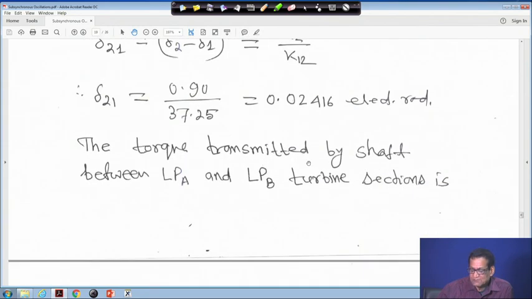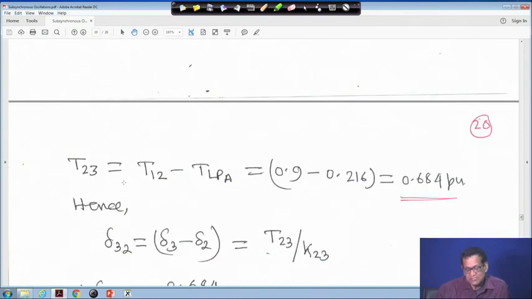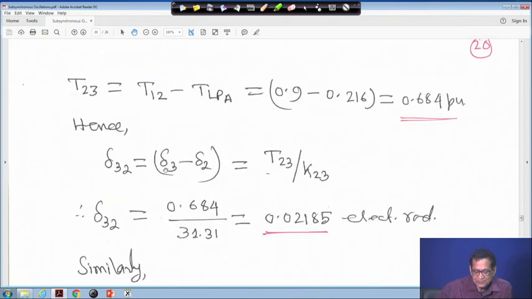The torque transmitted by the shaft between the LPA and LPB turbine sections will be similarly T23 equal to T12 minus TLPA, that is 0.9 minus 0.216, which is 0.684 per unit. Hence delta 32, which is delta 3 minus delta 2, is equal to T23 upon K23.